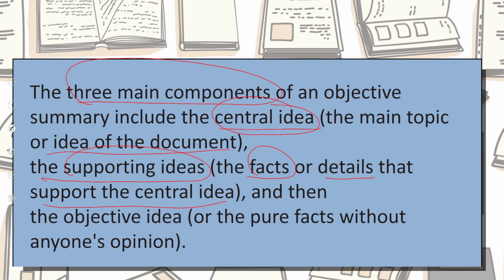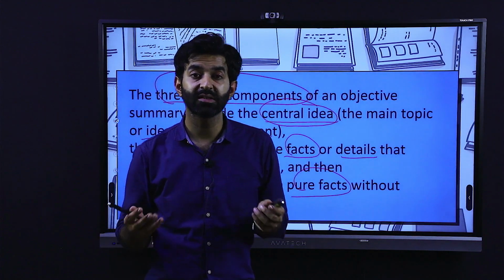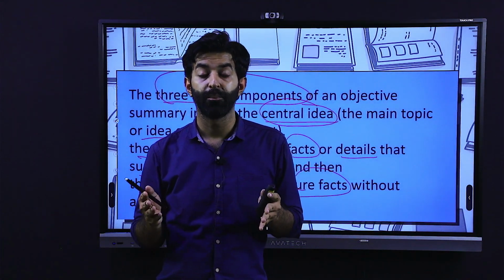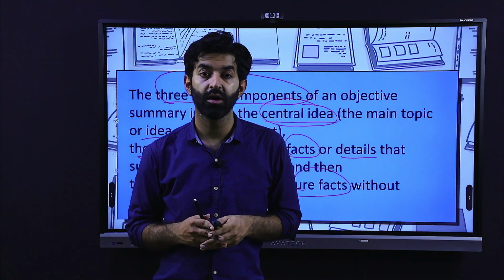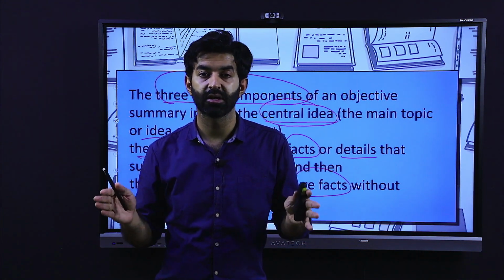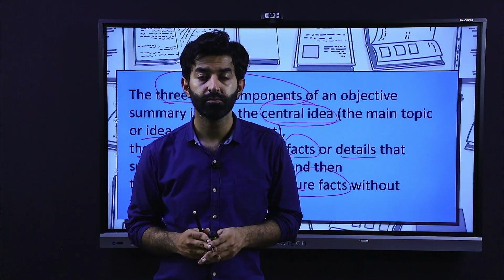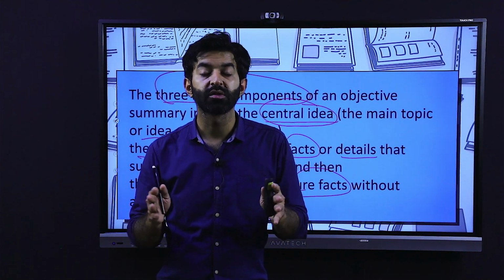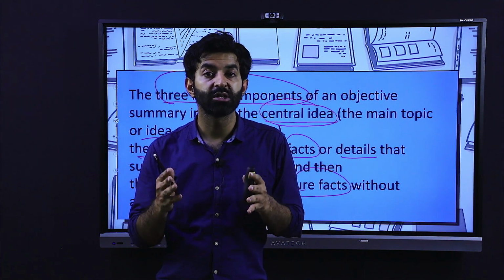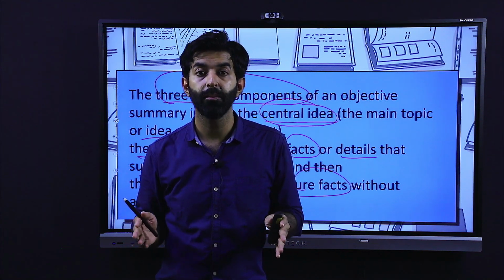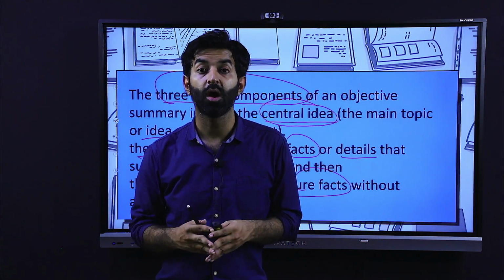Thirdly, the objective facts available in the text, the pure facts without anyone's opinion. If there is a census done in the text, a fact mentioned there, you have to present it as it is without contaminating it. All these three components are very important, and we have to achieve each one of them in our objective summary.